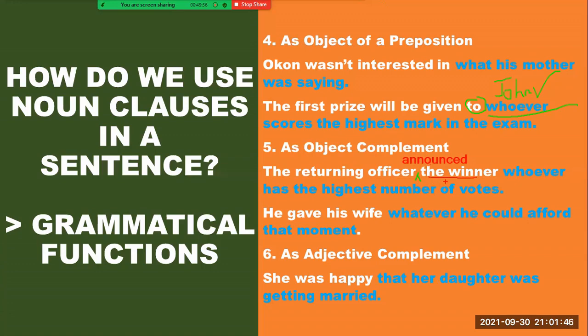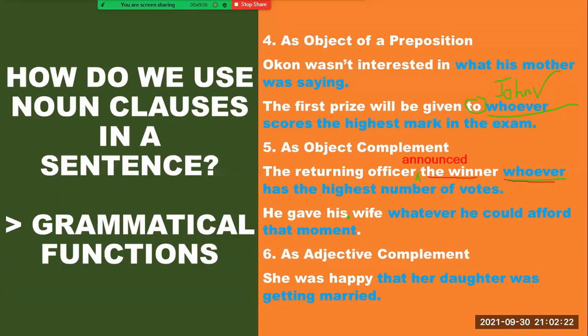And then the question that arises is, who is the winner? For example, the returning officer announced the winner, and you, the listener, will want to know who was announced the winner. And so what completes this is naturally the noun clause, which is the object complement. All right. The returning officer announced the winner, whoever has the highest number of votes.